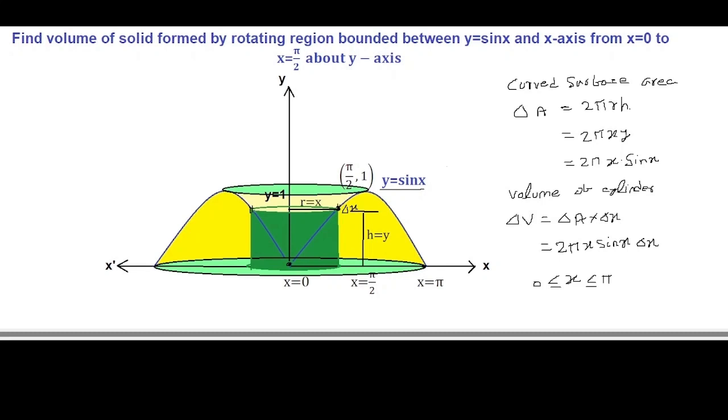For better understanding, we will get rid of all the shaded part of the solid such that the cylinder is clearly visible, and we can easily understand how the relation between the radius, height of the cylinder and x and y of the point came.